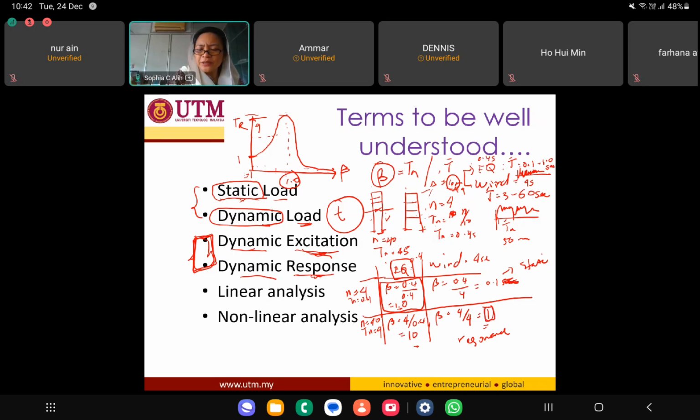So in other words, if I'm designing my structure, you always hear that, okay, if you are designing high rise, you have to design for wind. This is why, because when it comes to wind, the natural period of wind is a longer period. So if my structure also has a longer natural period, it may fall into the resonance effect.